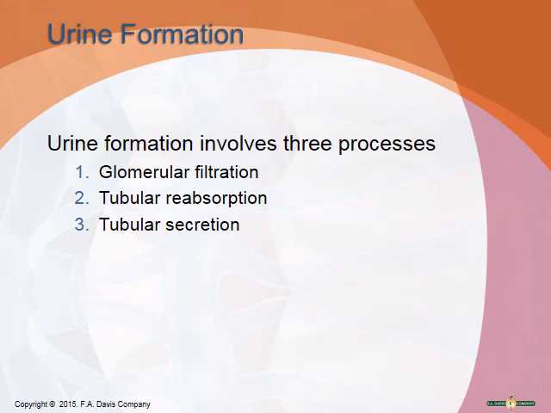Tubular reabsorption, which is from the tube to the bloodstream, and tubular secretion, which is from the bloodstream back to the tube. So 3 processes are involved in urine formation, and it's those 3 processes, how much gets reabsorbed and secreted, as well as how much got pushed through, that determines what our urine's going to look like. So let's start with glomerular filtration.